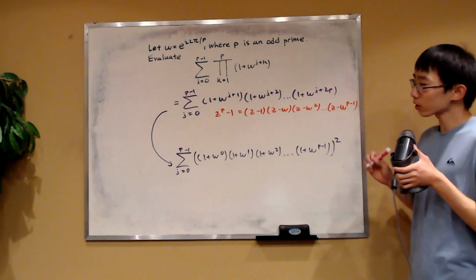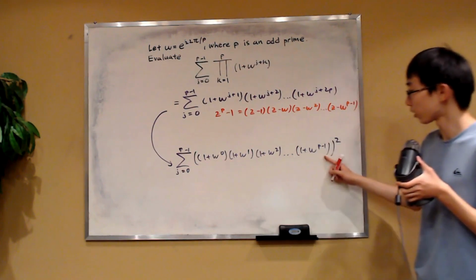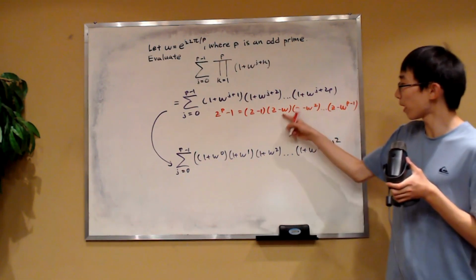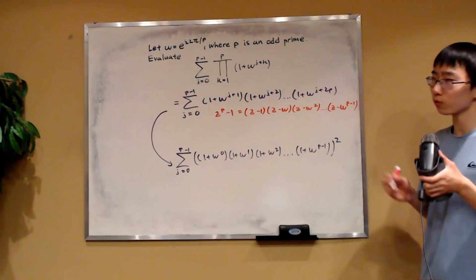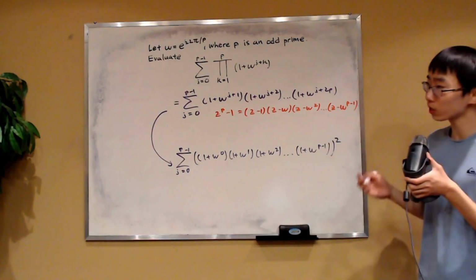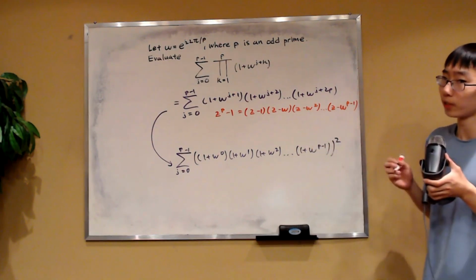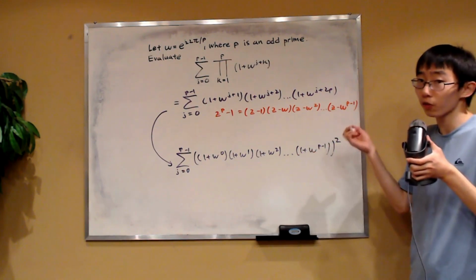Now, notice that this factored form looks a lot like what we're trying to evaluate over here. But the problem is we have minus omegas, whereas over here we have plus omegas. Thankfully, we can just factor out a negative sign from each of these factors. And because there are p factors in total, and p is odd, then when you factor out all those negative ones, it will still be negative 1, right?